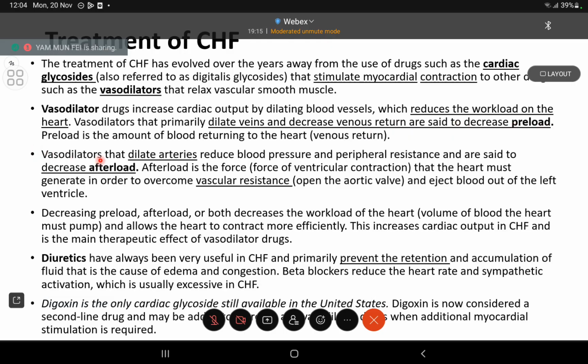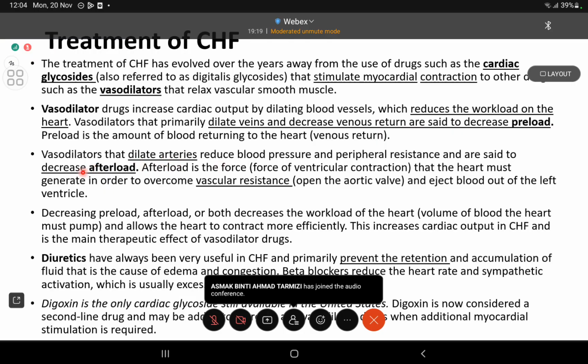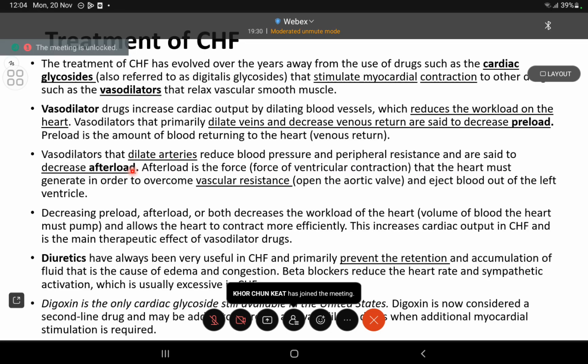Another type is the artery dilator, which acts on the artery and may also decrease blood pressure. This one we consider as afterload. So I make it clear. Vasodilator for the vein we consider as preload vasodilator. Vasodilator acting on the artery we consider as afterload. Okay, the two concepts are different.